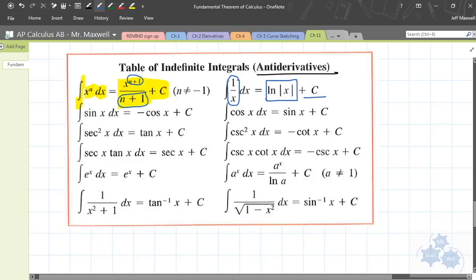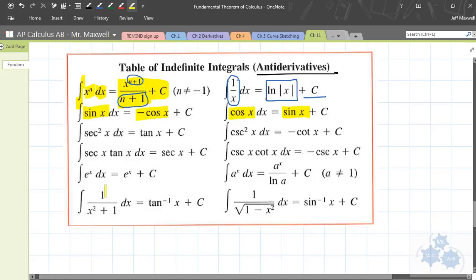So this is in your textbook, but I'm just going to take a minute to highlight just a couple things. So the antiderivative of sine is negative cos. Okay, so the integral of sine x dx is negative cos x plus c. The integral of cos x is sine x, and so on. The rest of these right here, if you encounter these, you'll be able to kind of refer back to this chart, and you'll say, hey, I have 1 over x squared plus 1, and I'm finding the integral.